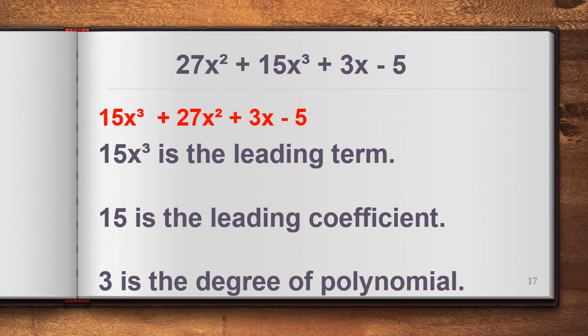And 3 is the degree of polynomial. Again, 15x cubed is the leading term, or the first term. And 15 is the leading coefficient. And 3 is the degree of polynomial.